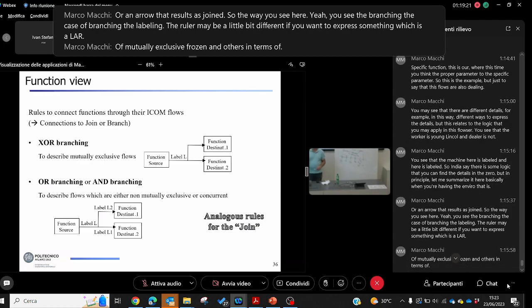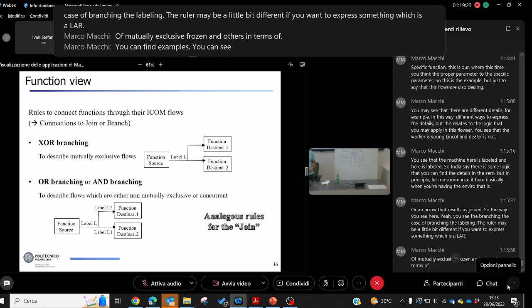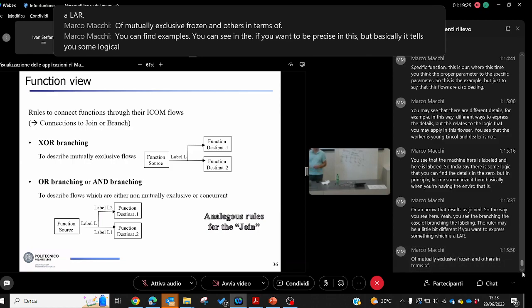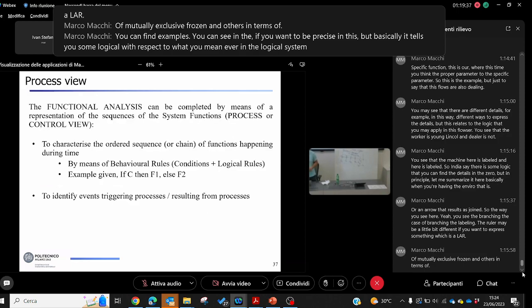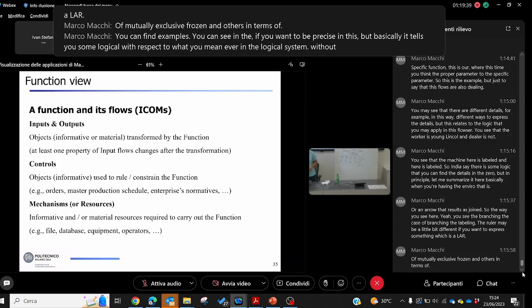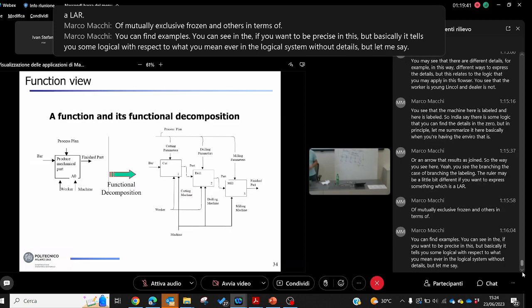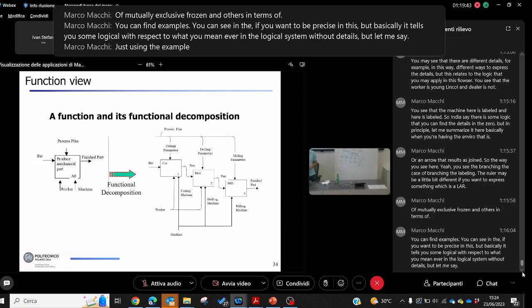You can find examples if you want to be precise, but basically it tells you some logic with respect to what you may have in the logical system. Without details, let me just use the example to give you a meaning.